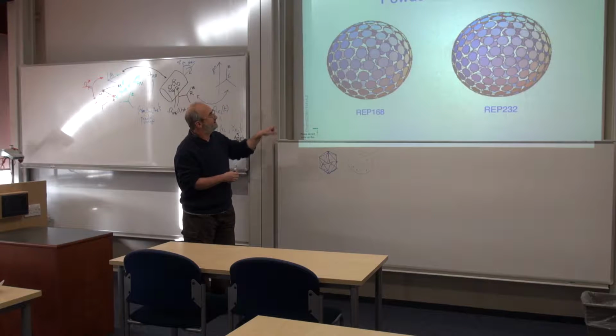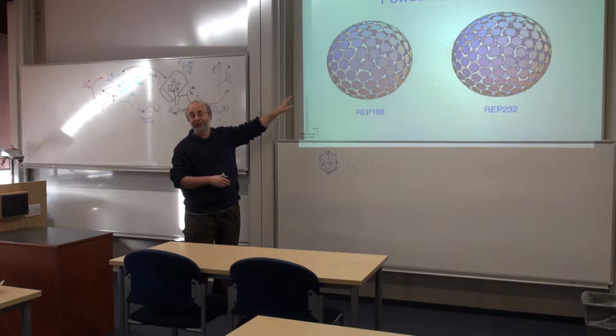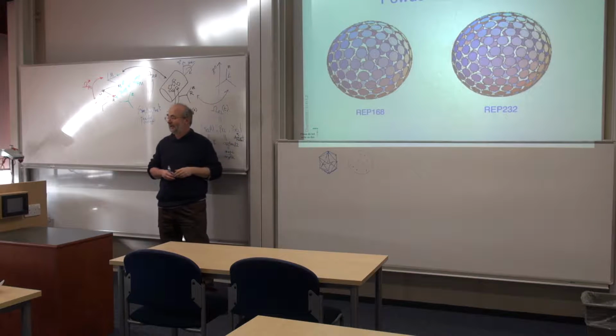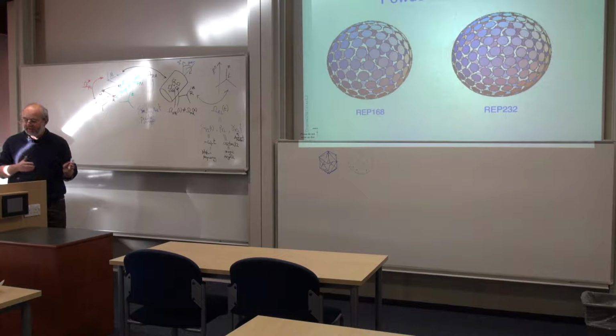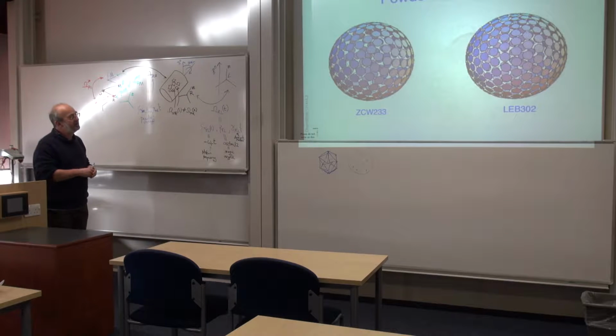If you take 168 points, then they arrange themselves like that. And it looks very uniform, but actually if you look in very close detail, you find it's not actually uniform. So when you do computations, you can usually read in files which contain these sorts of orientations.